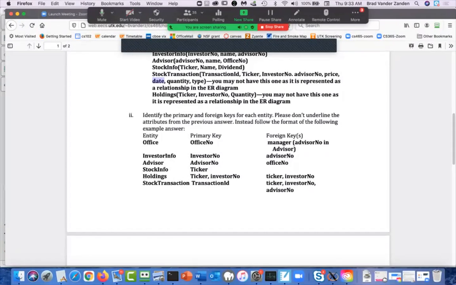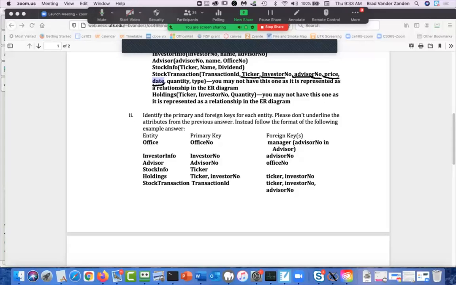So even if I have ticker, investor number, advisor number, and date, that's not going to be unique. They might purchase or sell at the same price on the same day. So even if I add quantity and type, just out of bad luck, none of that may make a stock transaction unique.